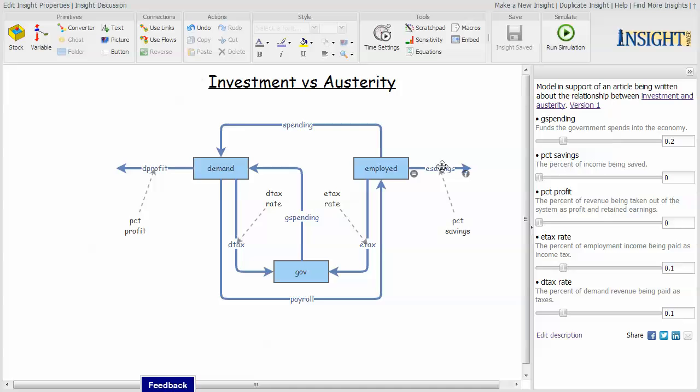Now suppose the employed begin saving part of their income, just 5% of their income, and I run the model again.